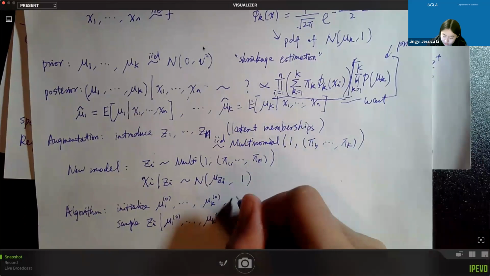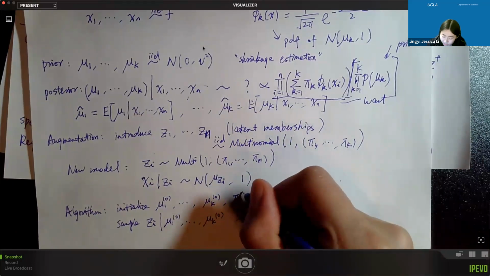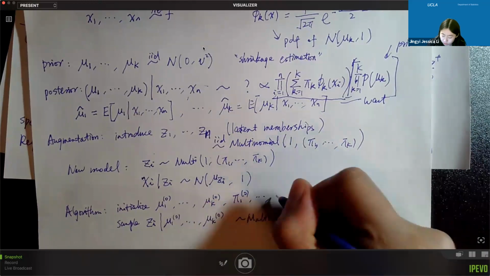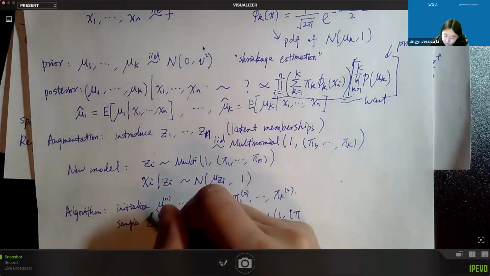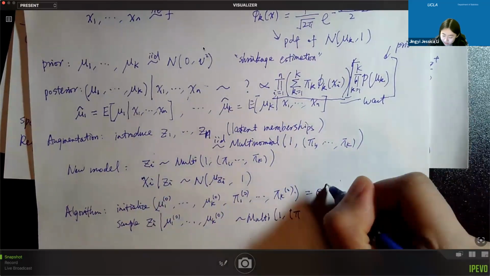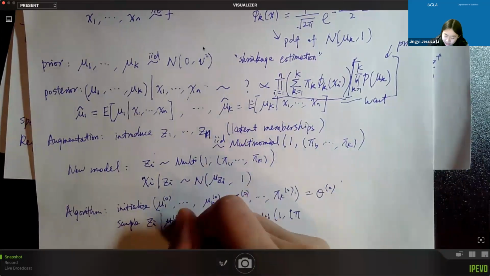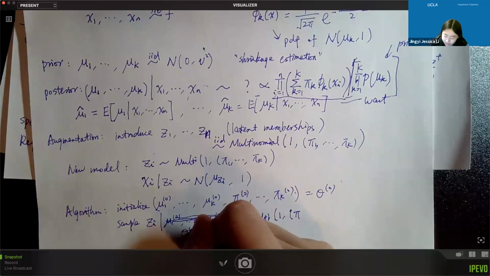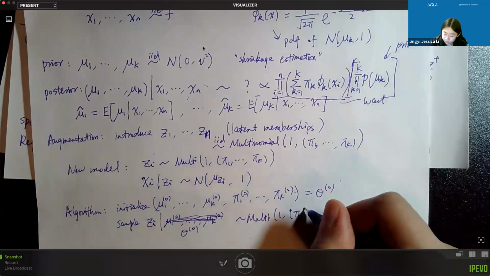I should say pi 1, 0, and pi k 0. Together, I call this thing my parameter, theta 0. Then I'm going to sample my zi given the current parameter value theta 0 from this multinomial.